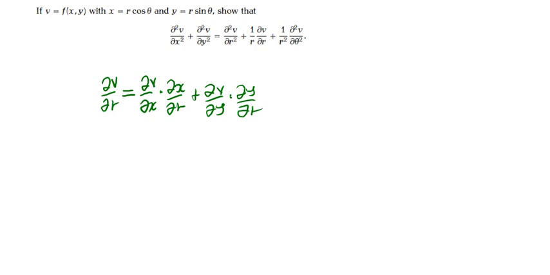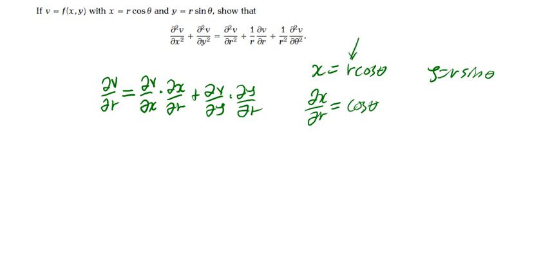One thing I observe is that since my x is equal to r cos theta and my y is equal to r sin theta, it's quite obvious that my partial of x with respect to r will be equal to cos theta. Why is it so? Because you have two variables, r and theta.